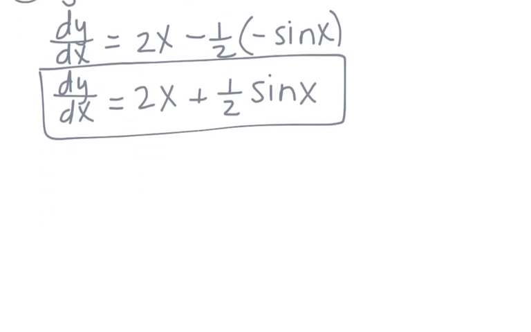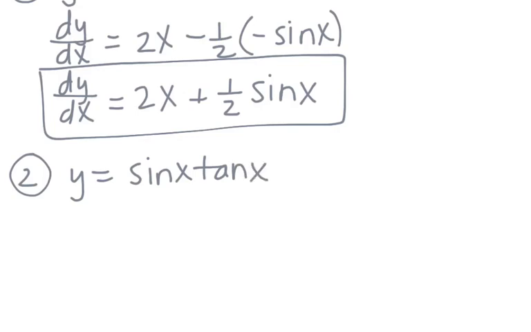Okay, for our second problem, we're going to find the derivative of y equals sine x tangent x. Now what you need to realize here, whenever we write trig functions out, a lot of times we don't bother to put a multiplication sign, but that's indeed what's happening here. So we're going to have to use the product rule when we derive it.